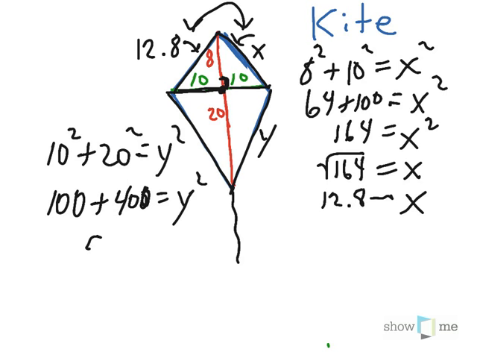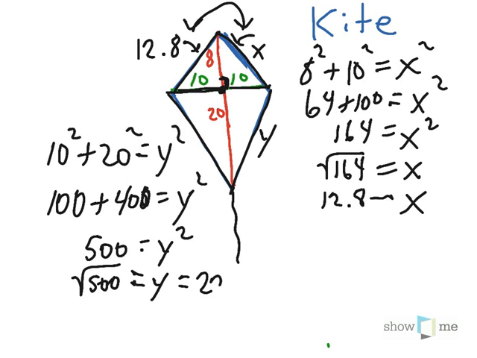So I got 500 equals y squared, so y equals square root of 500, which is, and if we can type that into a calculator, we can get an approximation, or I'll show you a way to simplify it. That's around 22.4. Okay, but that's a rounded off value.